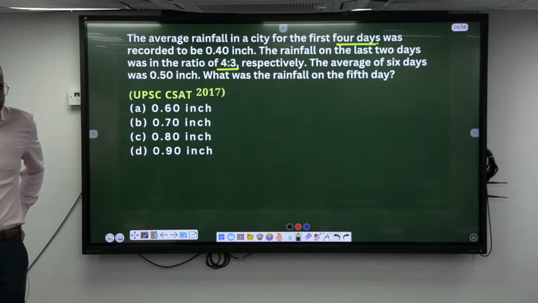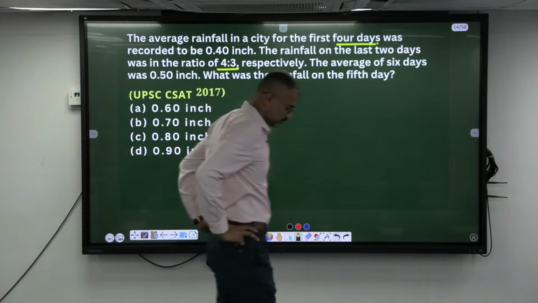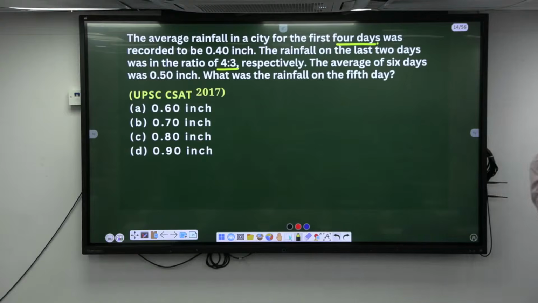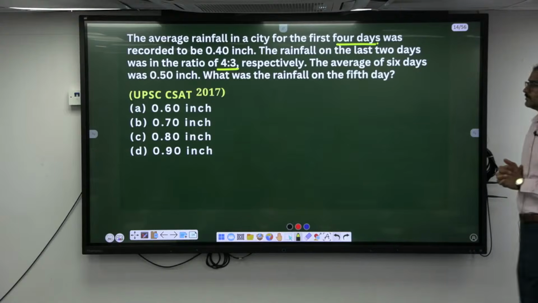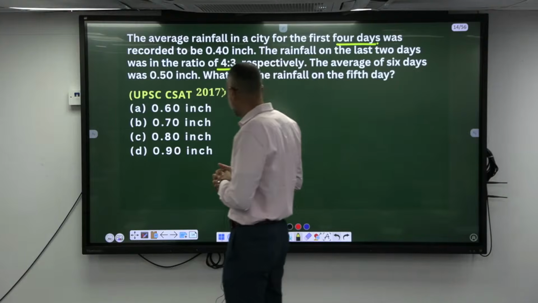Go for the sum, very similar case, take the difference there. ಹೇಳಿ ಸರ್. 0.8 inch.